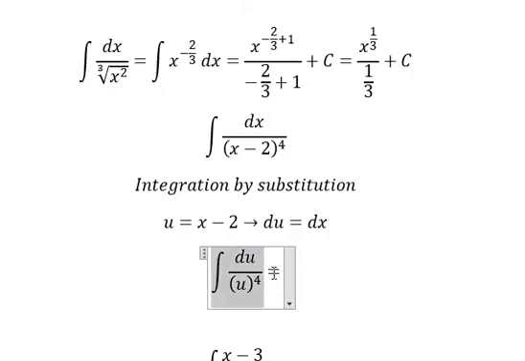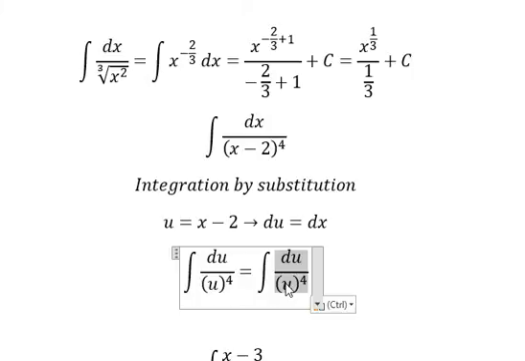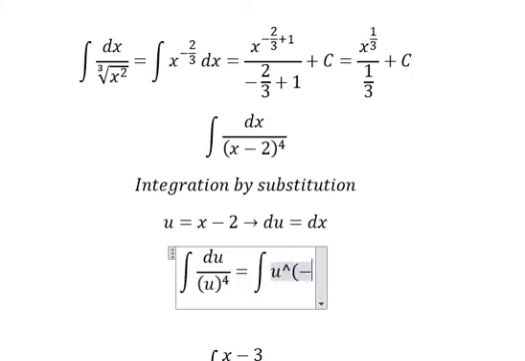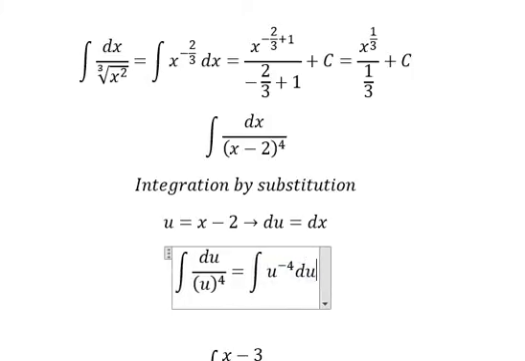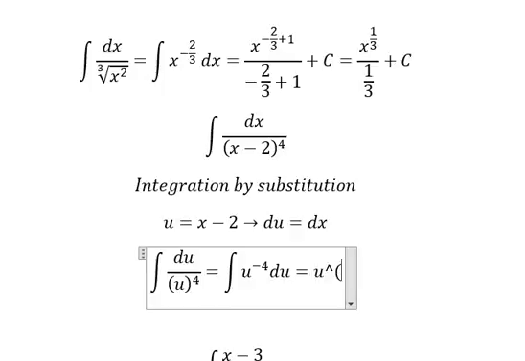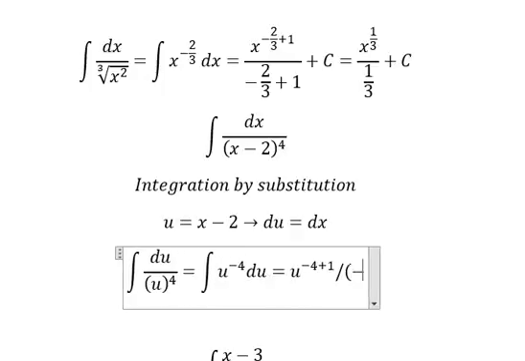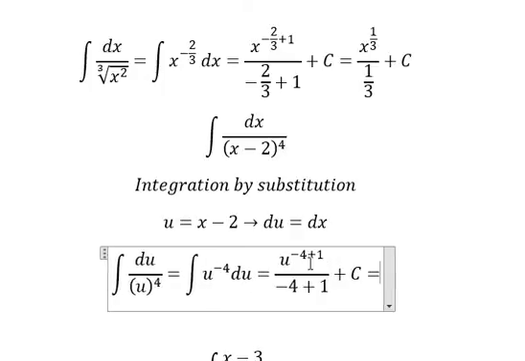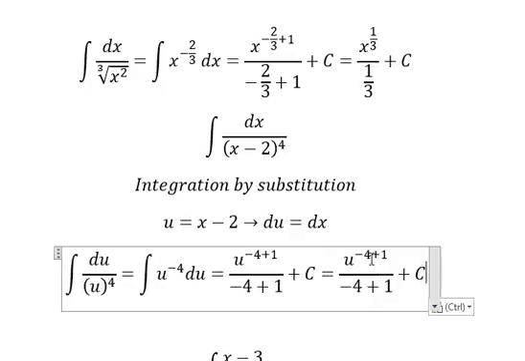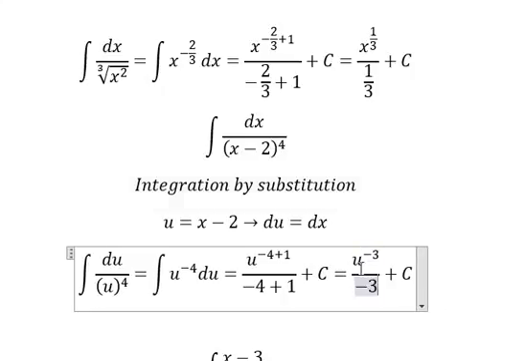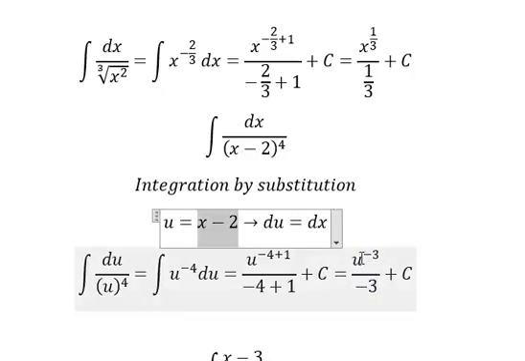So this one I can put into u to the power of negative 4 du. And now we have the final answer here. So we have negative 3, with u being this one.